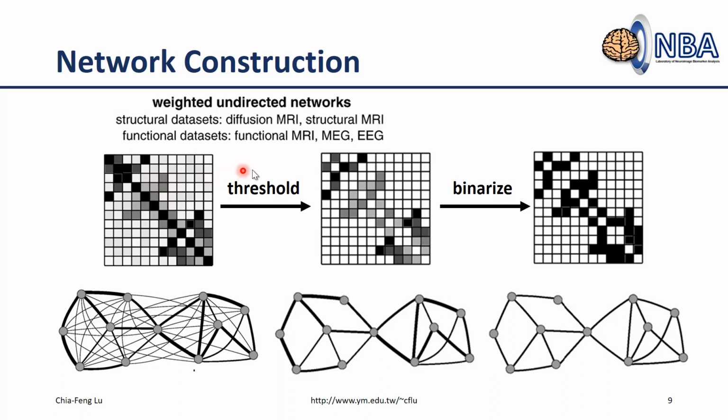However, with some assumption, we may say that if the connectivity coefficient is too low, we don't have strong evidence to claim the connectivity really exists. So we may use thresholding to get rid of the values lower than a specific value.